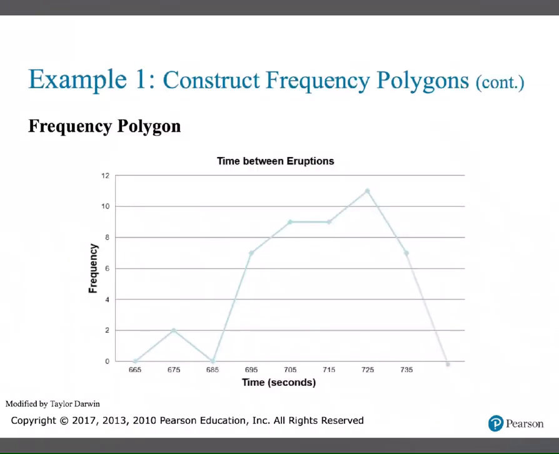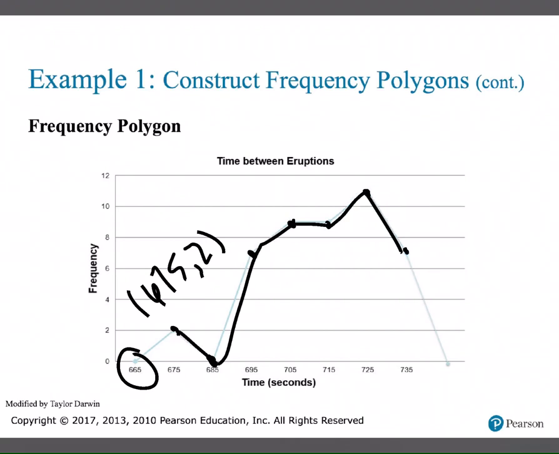So this is what it's going to look like. Sometimes you can start here where your data doesn't even start yet. Like I'm starting at 0, and then this is that 675, 2. 685, 0, 695, 7, so on, so on. You plot all these points, and then you connect the dots. And so it's pretty straightforward.